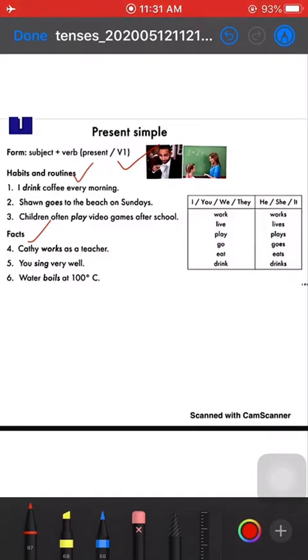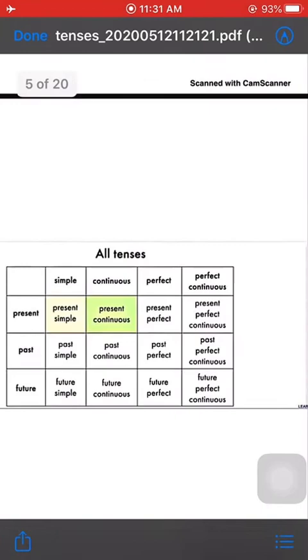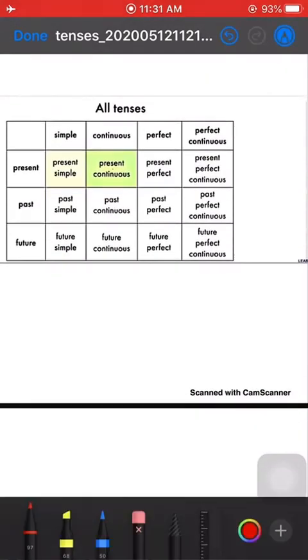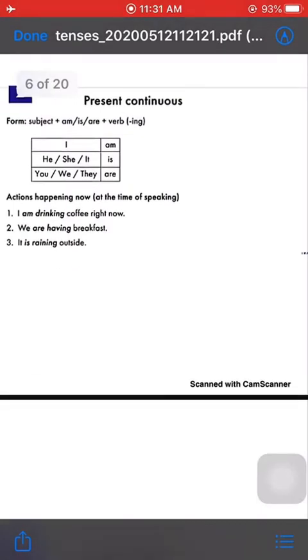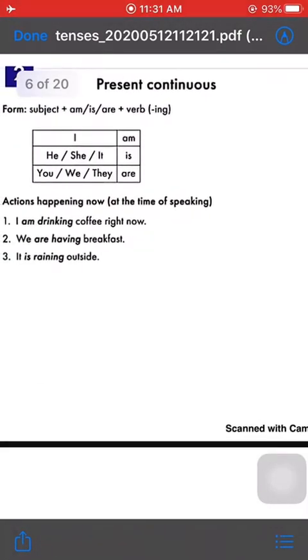So now, moving forward to the present continuous. Here we have present continuous. We make the present continuous tense with a subject, am, is, are, plus a verb in the continuous form, plus ing.